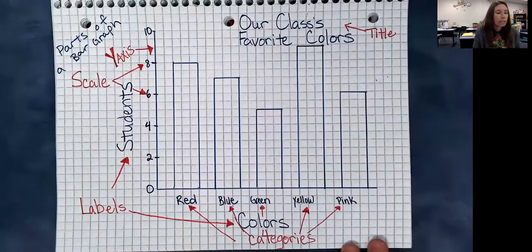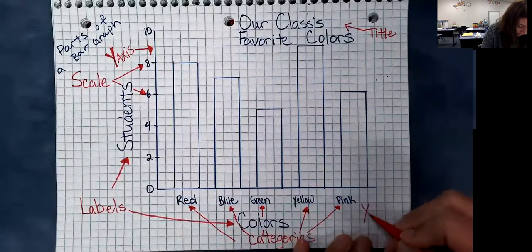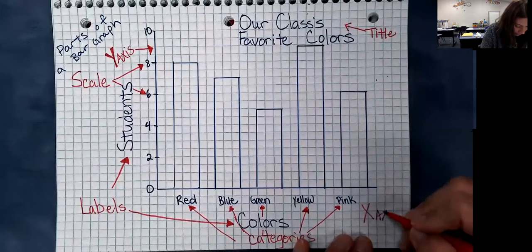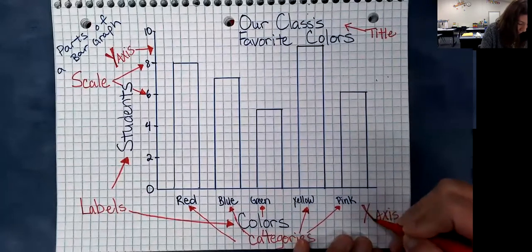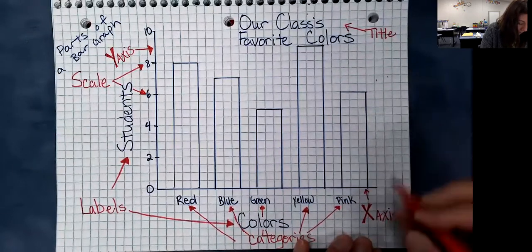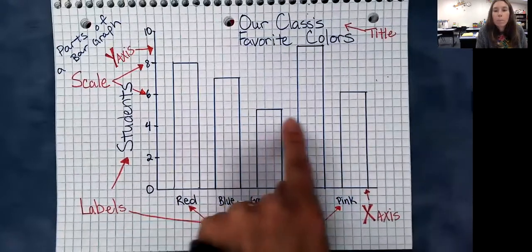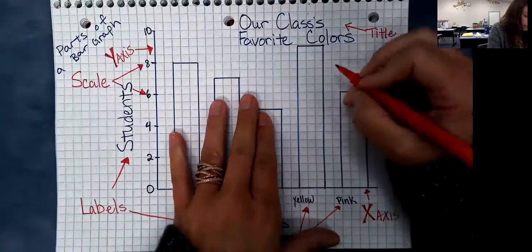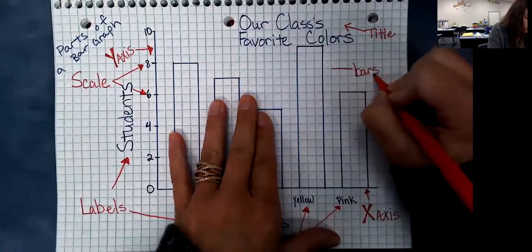Okay, last but not least, well, it's not last, second to last, x-axis. The x-axis is right here. This is the x-axis, this line. Okay, and then we have our bars. Don't forget that. These are bars for the bar graph, right?